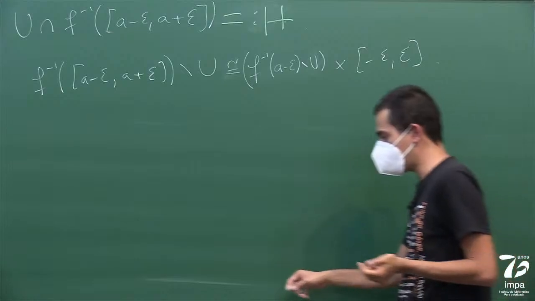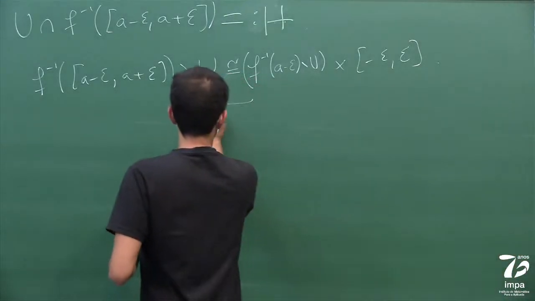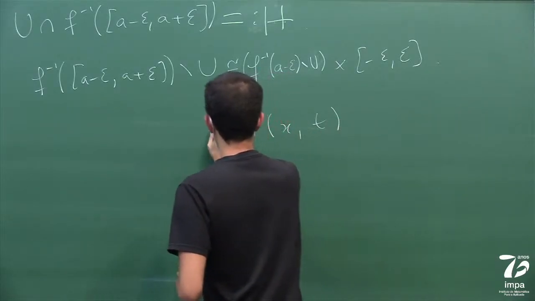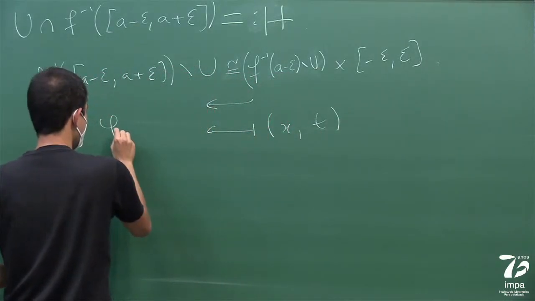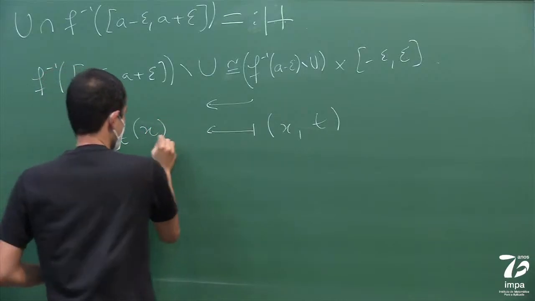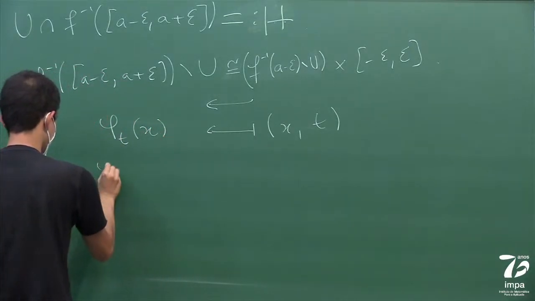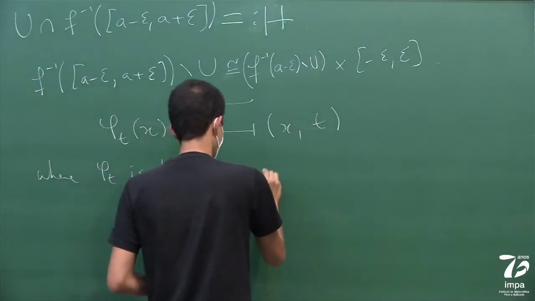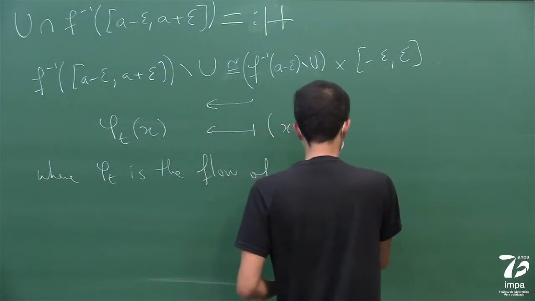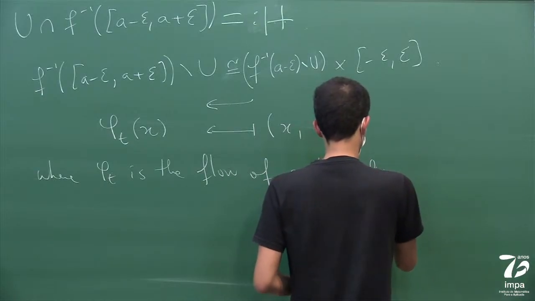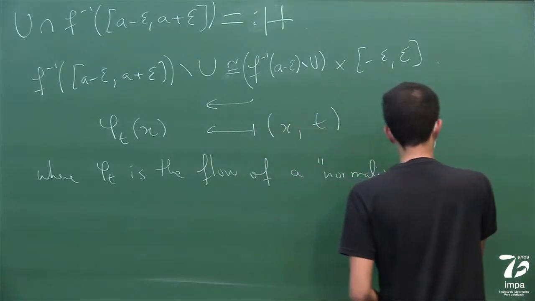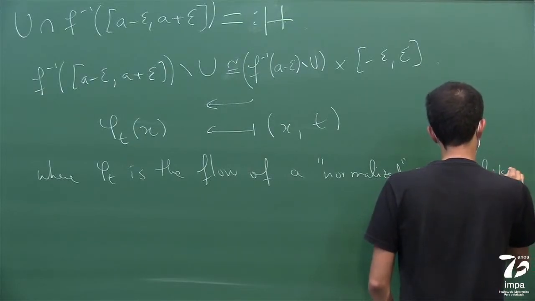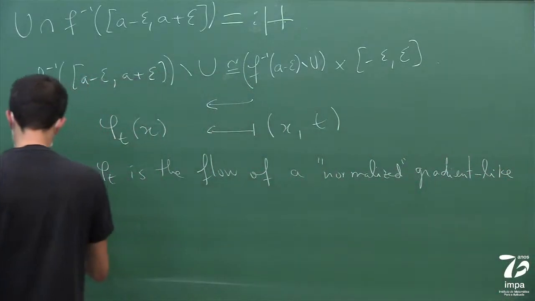Okay, and here the map is just given by the flow. So you take x and t, and you take this to phi t of x, where phi t is the flow of a normalized gradient-like vector field.